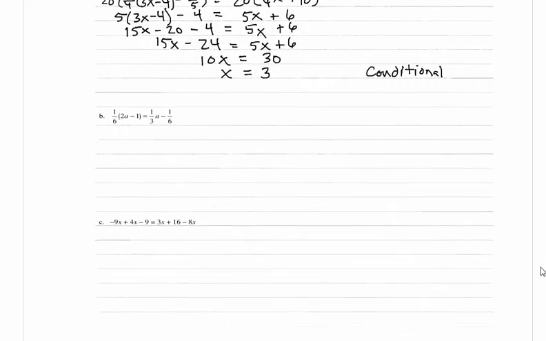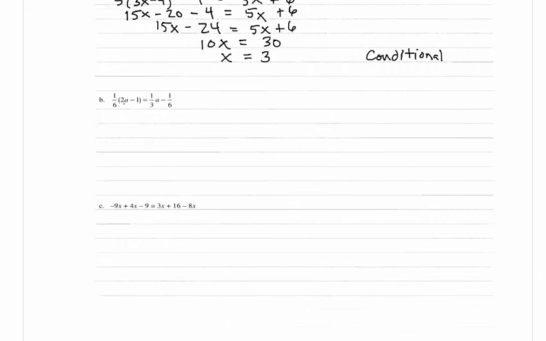In B, we have 1/6 times 2a minus 1 is equal to 1/3 a minus 1/6. So I'm going to multiply our equation by the least common denominator, which is 6. So I have 6 times 1/6 times 2a minus 1 is equal to 6 times 1/3 a minus 1/6. 6 times 1/6 is 1, so I'm left with 2a minus 1 on the left side.